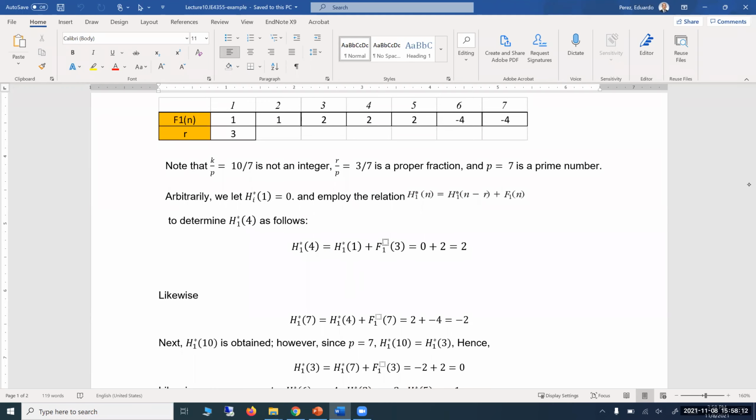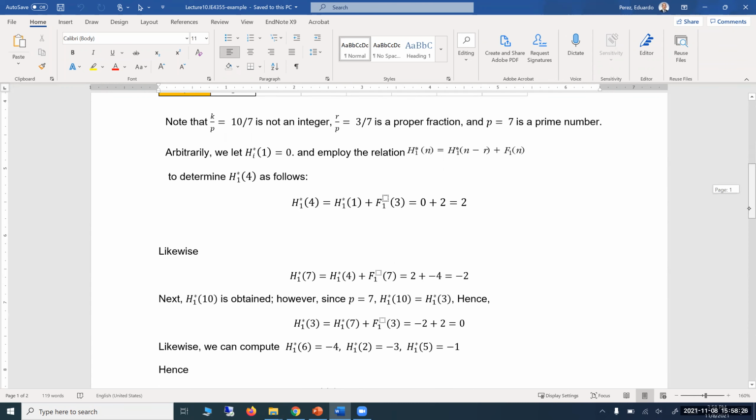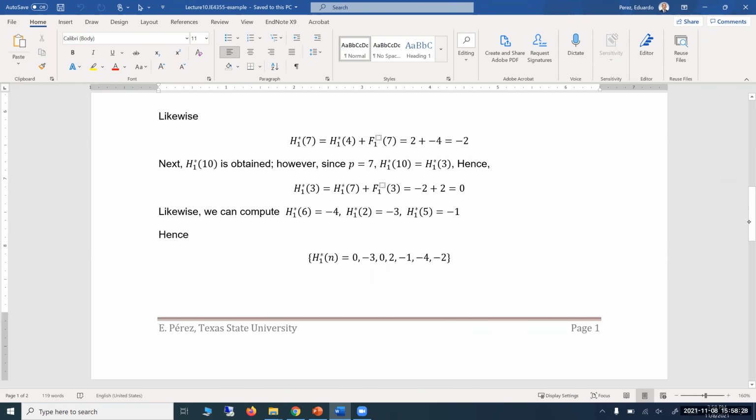So I was able to find the following. I start with H1 of 4, then H1 of 7, and I continue that process until I'm able to find all of them.